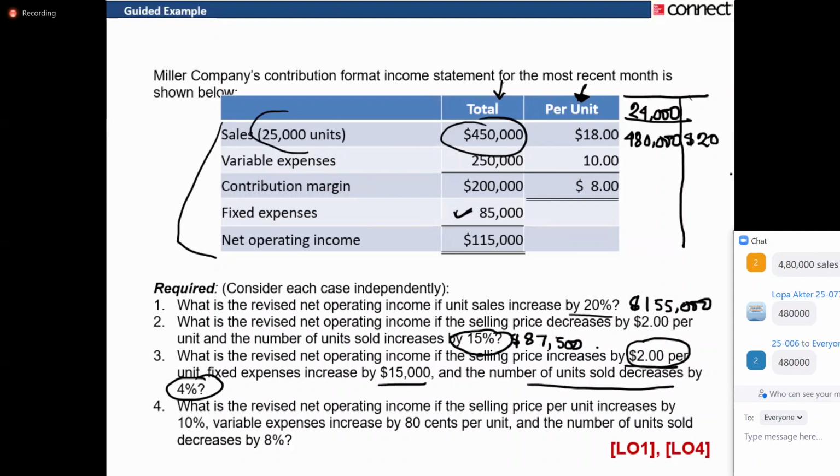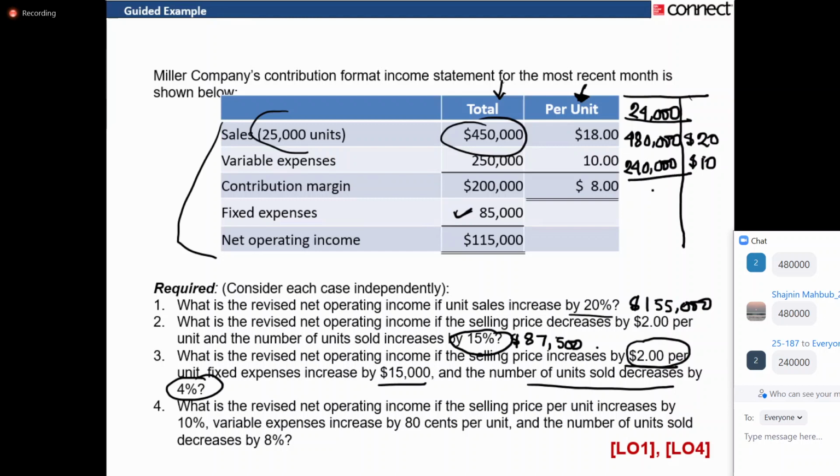Okay. Now, do we have any information for variable expenses changes? We do not have. So we assume that the variable expenses are as before. So for 24,000 units, the variable expenses in total will be 24,000 multiplied by 10. So it should be 240,000.